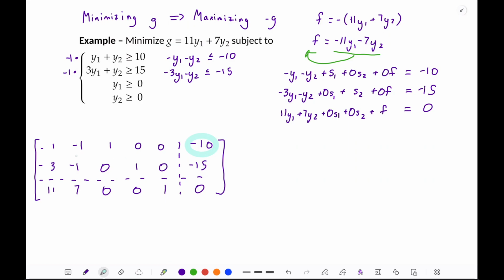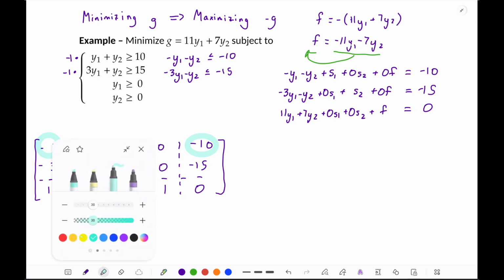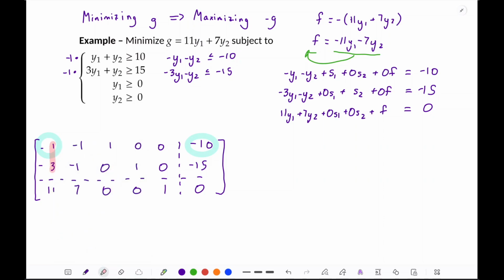Then you have to find another negative value in that row. So either the negative 1 or the negative 1. I'm just going to choose this negative 1. Again, it doesn't matter which one. That now is our pivot column. Now that I have the pivot column, I'm going to take our quotients.